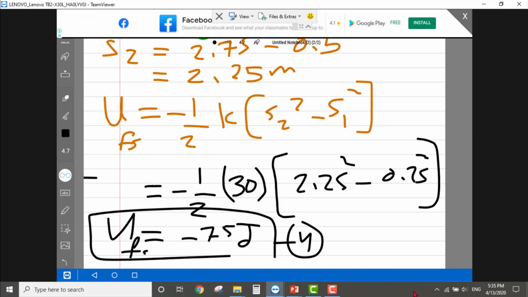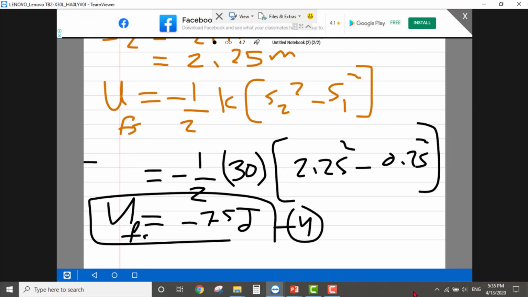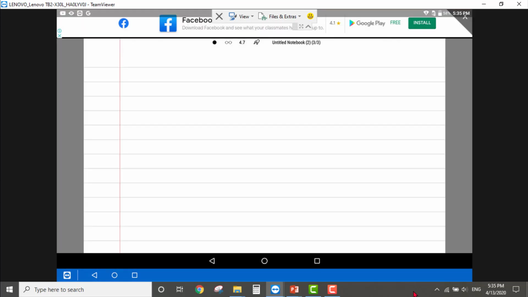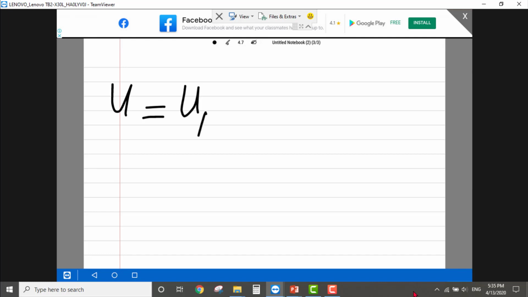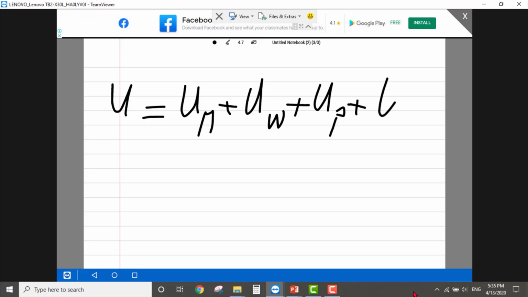So the total work that happens due to all of these forces, U total, equals U due to moment plus work due to weight plus work due to external force plus work due to spring force.